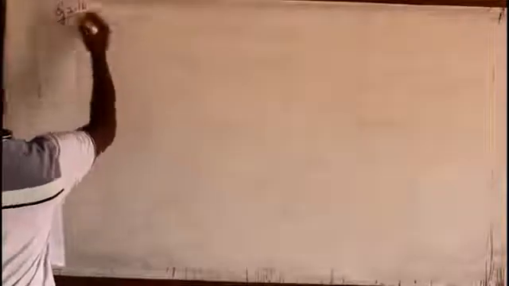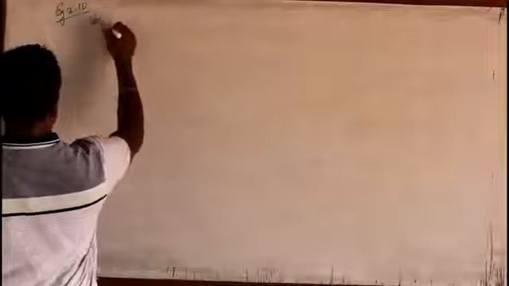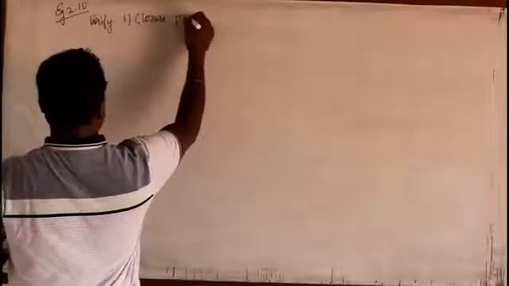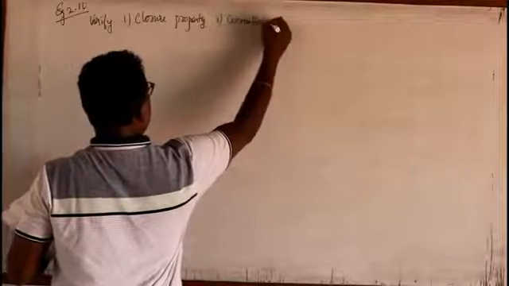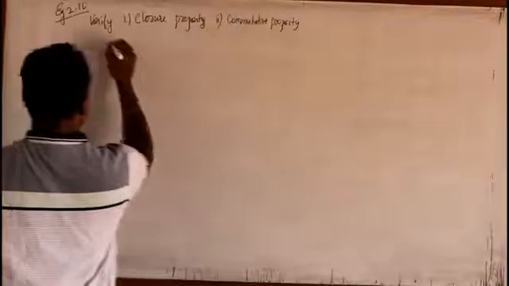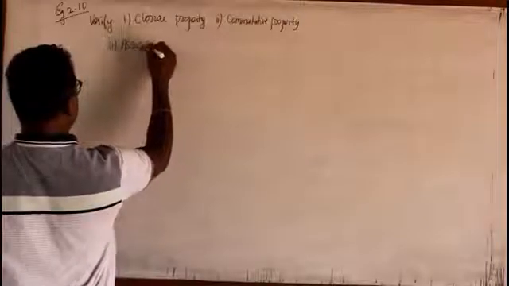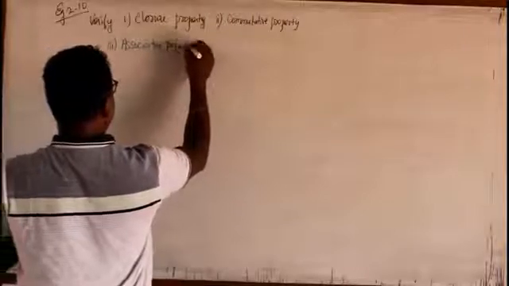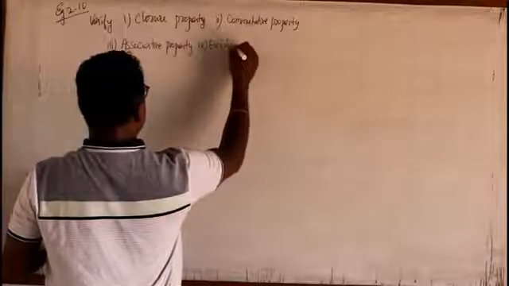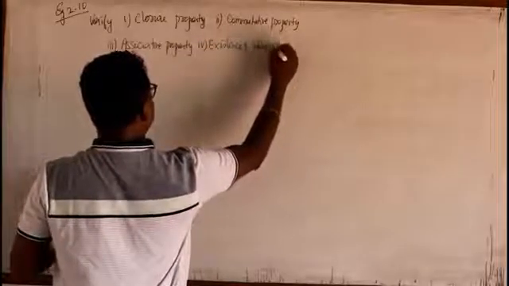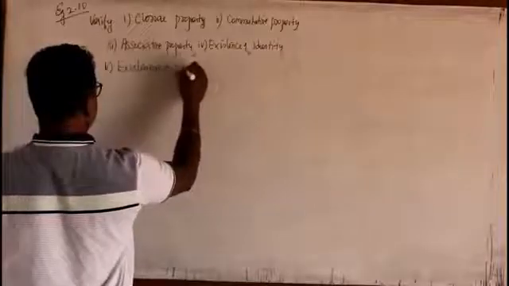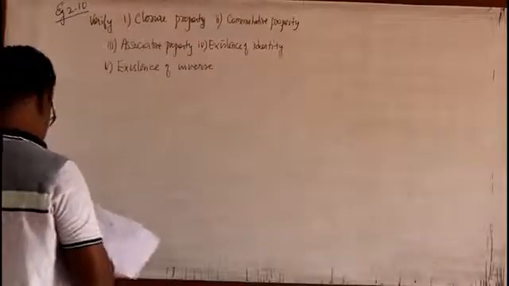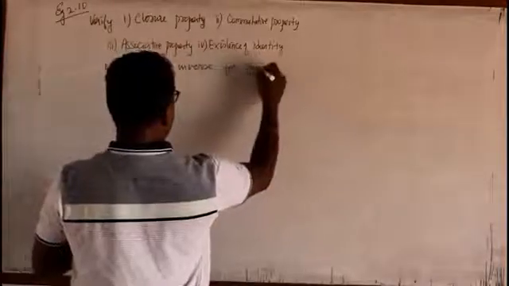Example 2.10. Verify a similar problem. Verify closure property, commutative property, associative property, existence of identity, and existence of inverse, for the operation multiplication modulo 11.